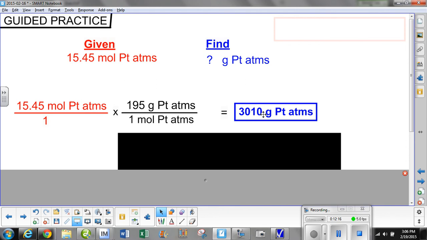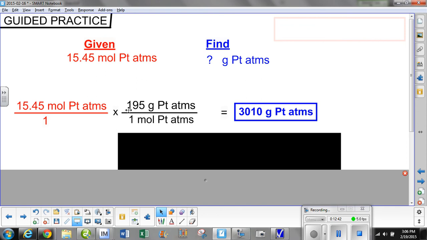And then when you multiply these together, you're going to wind up with this. Now, Mary, I suggested to you that you use 4 sig figs for the platinum, where I use 3, okay? But 4 would be better because you have it. If you have the same number of sig figs that they have in the given, go ahead and use it all.